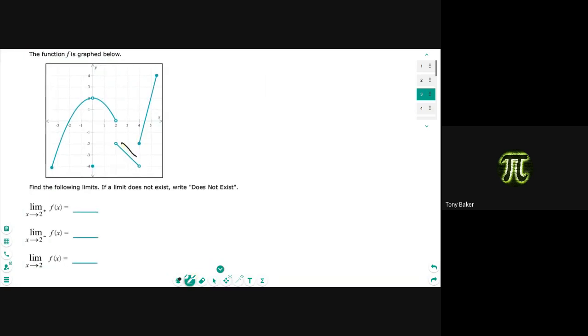So that's this one right here, right? So that would be -2. As we're coming from the left, that's that, which goes to 0. And does the limit exist at 2? No.